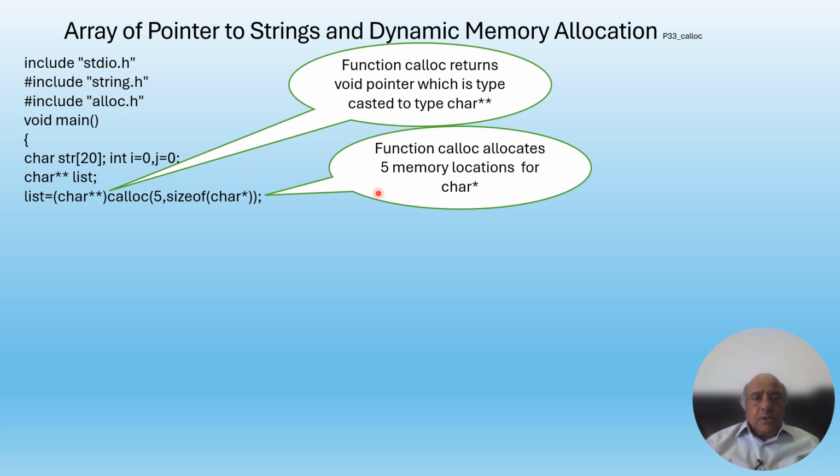And since the calloc function returns a void pointer, we have to typecast it as per the program requirement and assign it. Here we are assigning it to a variable list. The list is created as a pointer to a pointer of type char. So whatever pointer is returned by the calloc function will be typecasted to char **.